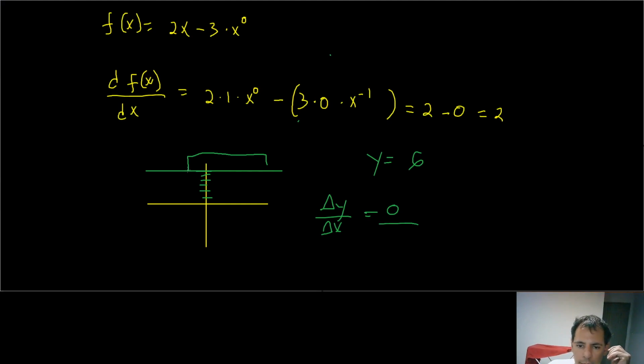Well, let's just say that delta x is not 0, because it's coming from a negative thing here. We can say that this is minus 3, and we can say that this is 7. So 7 minus minus 3 is going to be 7 plus 3, which is 10. So you have 0 divided by 10, which is 0. So that's why the derivative of any constant is 0. Okay?